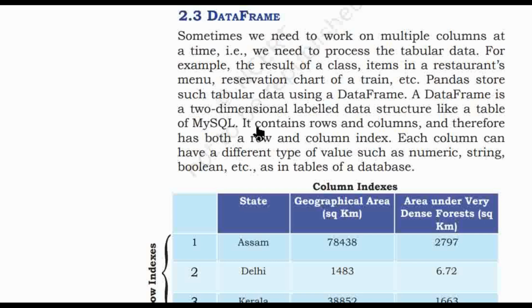A DataFrame is a two-dimensional labeled data structure like a table of MySQL. It contains rows and columns and therefore has both a row index and a column index. Each column can have a different type of value such as numeric, string, boolean, etc., as in tables of a database.